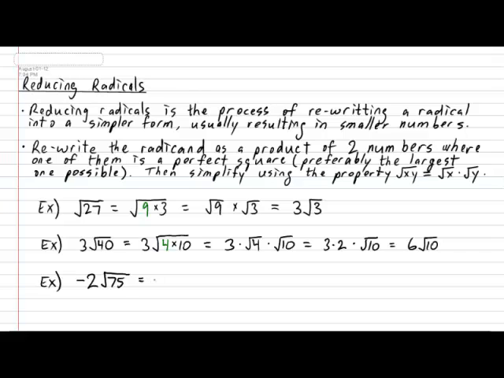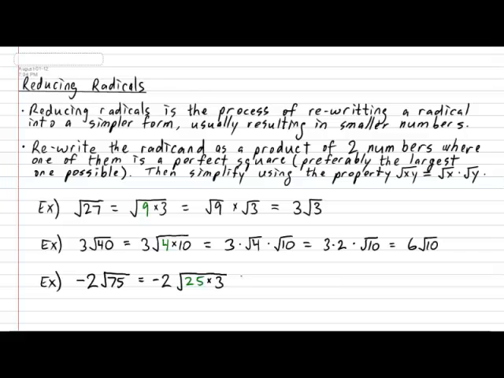So we have negative 2 multiplied by the square root of, I think the biggest perfect square that 75 can be broken up into is 25, and that has to be multiplied by 3 to give us the 75.